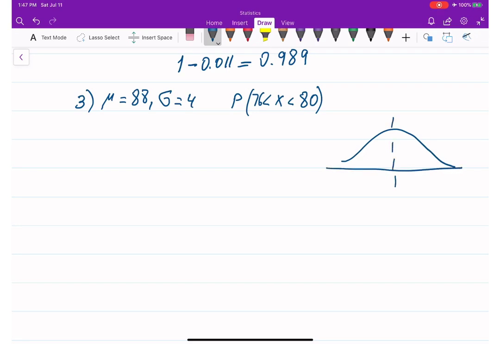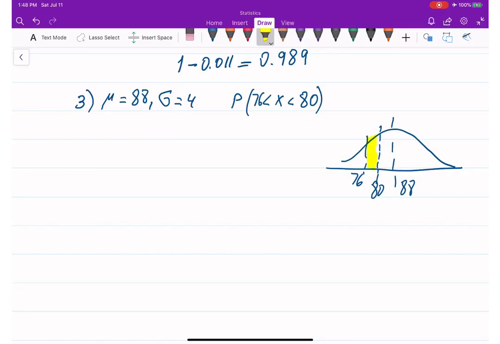If this is my mu average, 88, then this can be, let's say, 80. And this can be, let's say, 76. So we need to find in between this piece.